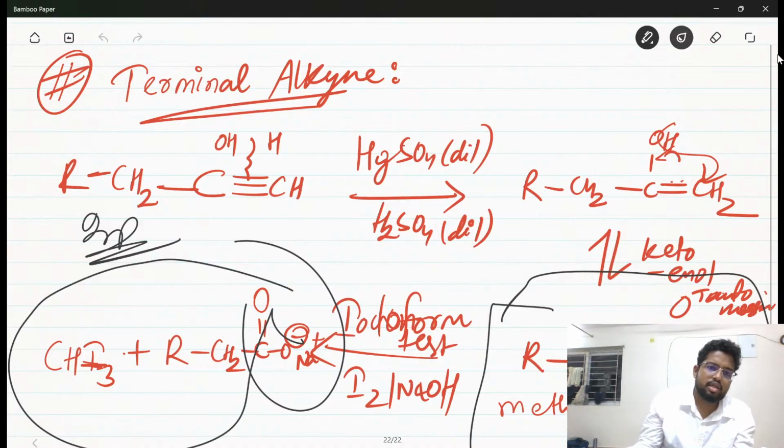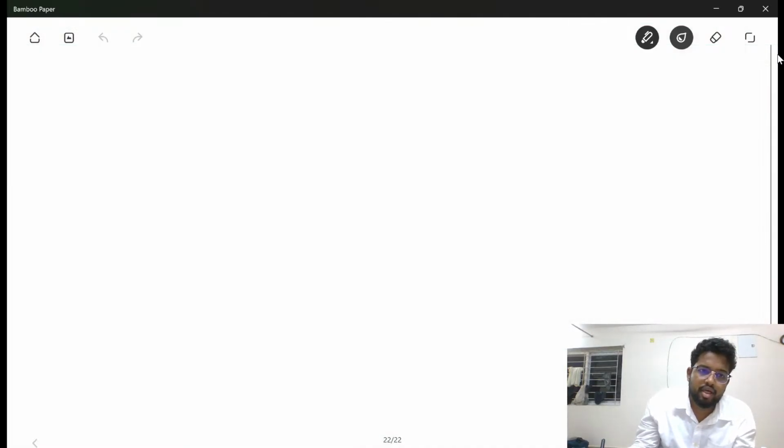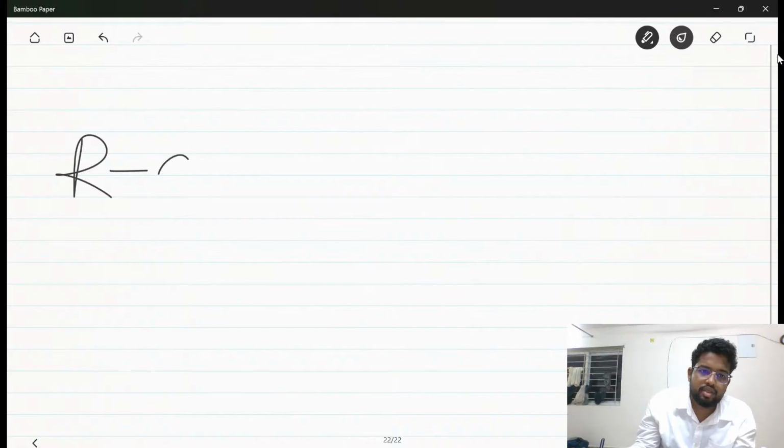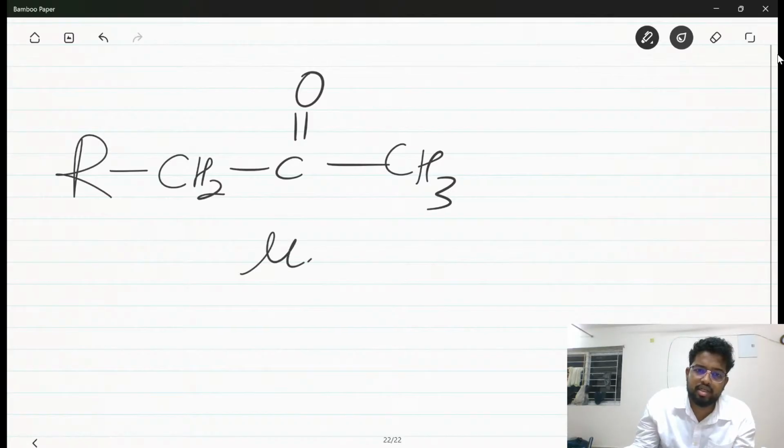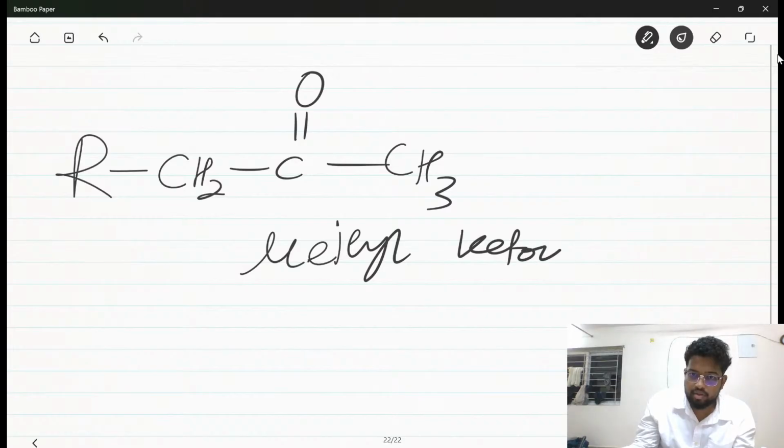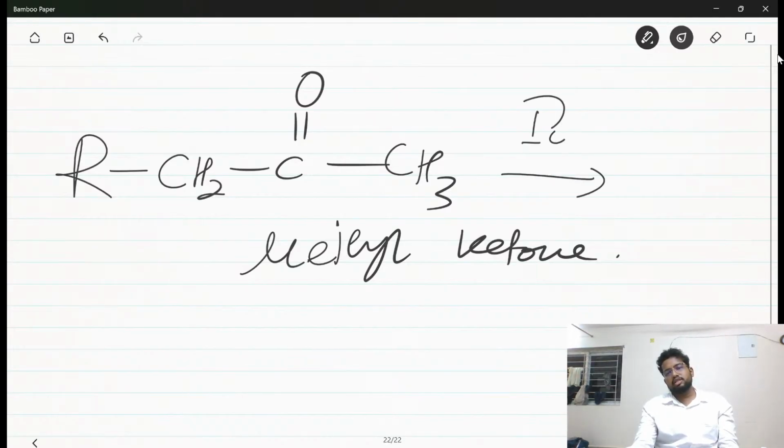So see, here I am again writing the keto-enol product: R CH2 C double bond O CH3. This is my methyl ketone. It forms a methyl ketone, and for which test? Iodoform test.